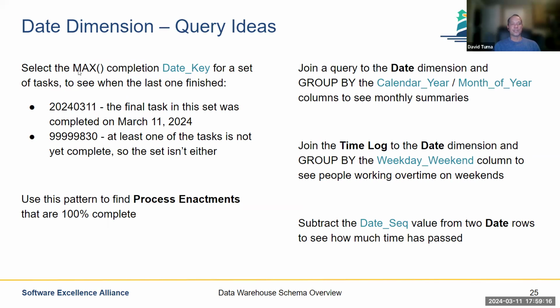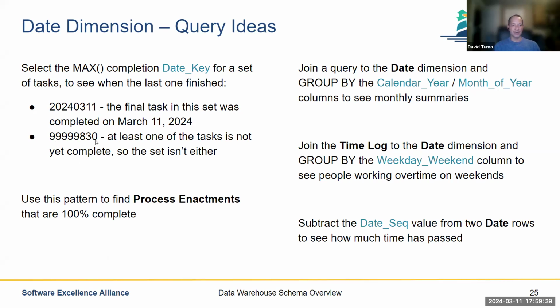So the date dimension allows us to do some fun things. Like if I were to select the max date key for a set of tasks to see when the last one finished. If I collect some set of tasks and ask for the max completion date key, and it comes back as a number like this, that tells me that the last task in that set was completed on March 11th of 2024.